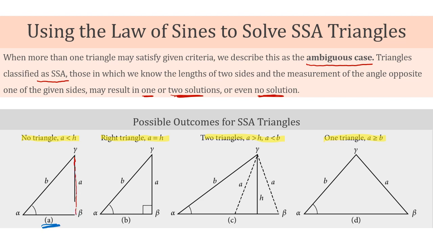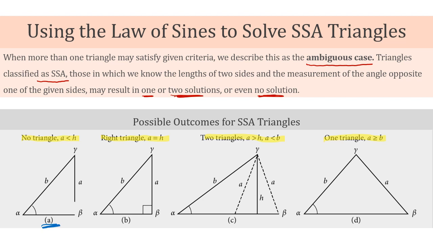So you can see really clearly that that side A is shorter than what that altitude would be. So it just doesn't get there, and therefore you can't have a triangle. You would have a right triangle if A is actually equal to h. That would be a right triangle. And we didn't look at that example because we've talked about right triangles before.